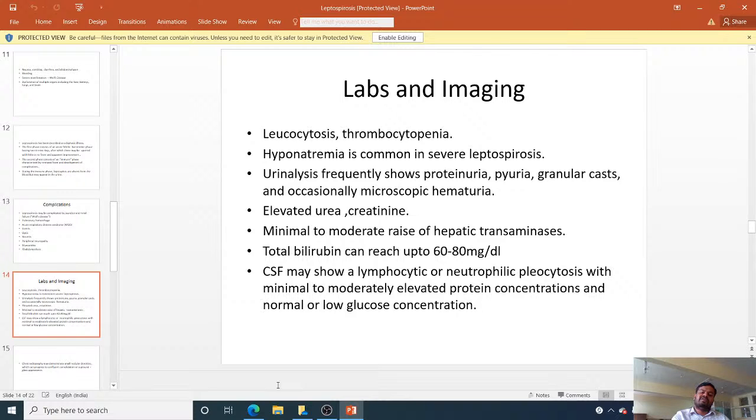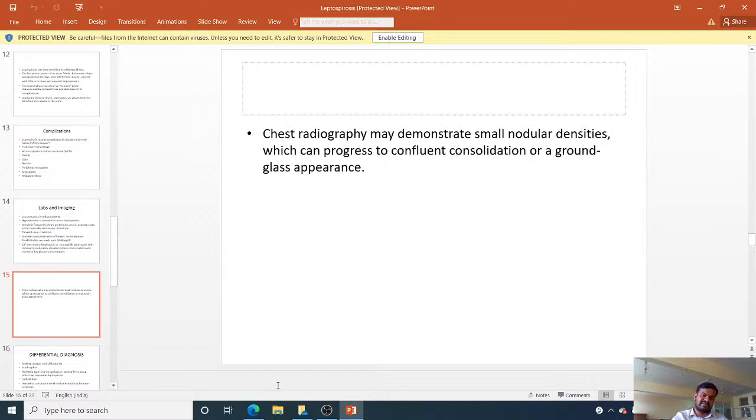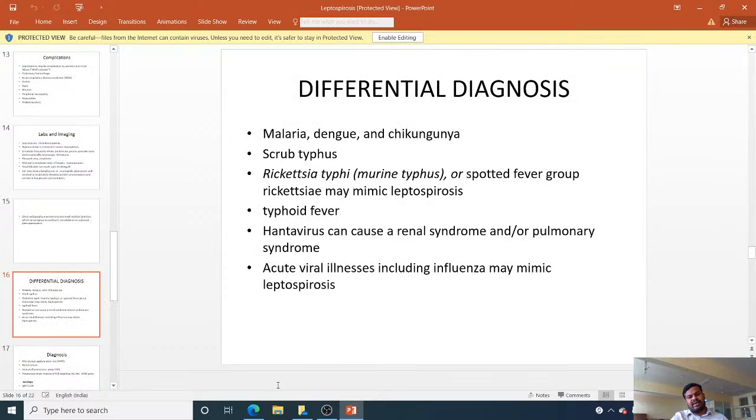CSF shows a neutrophilic and lymphocytic pleocytosis, a moderate rise in protein concentration, and normal or low glucose. Consolidation with a ground glass appearance can be seen on chest radiography.